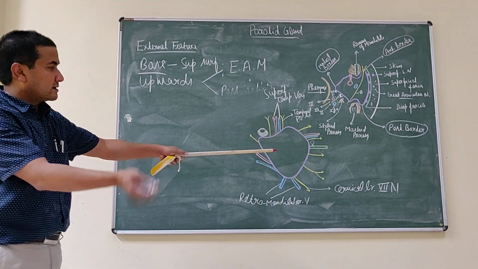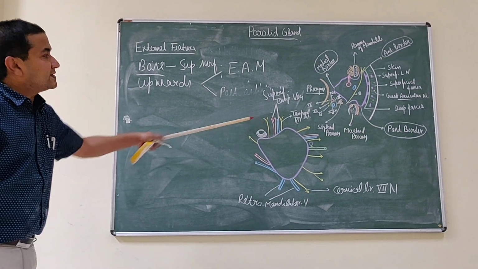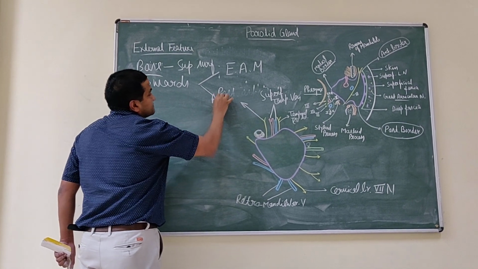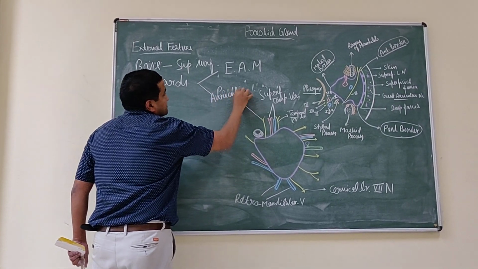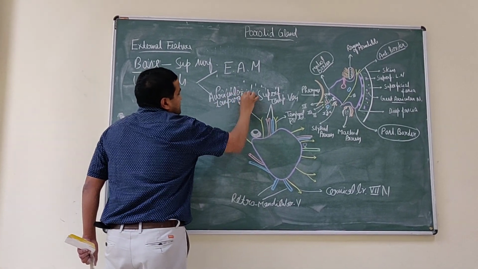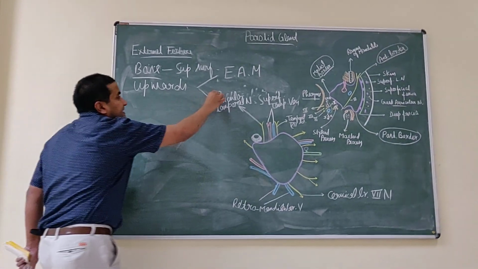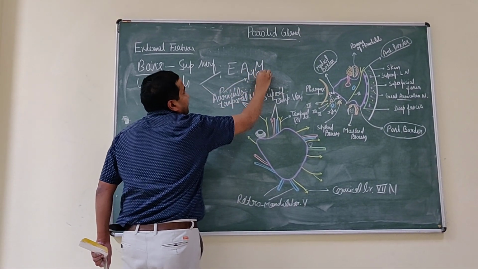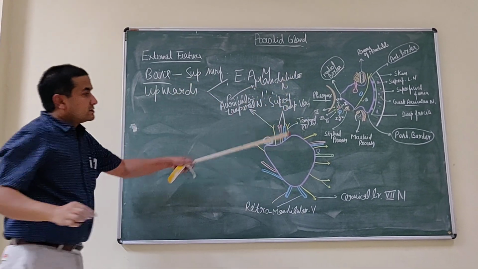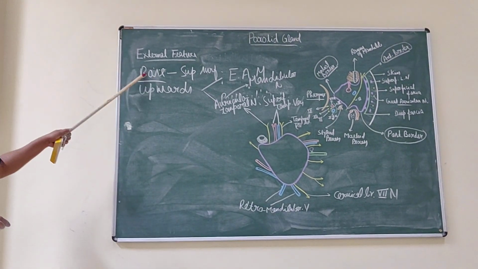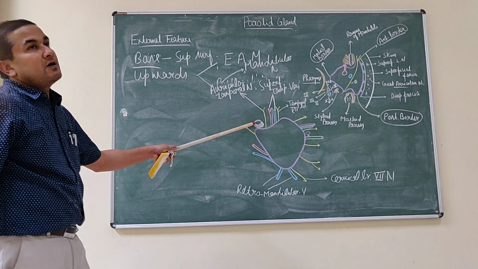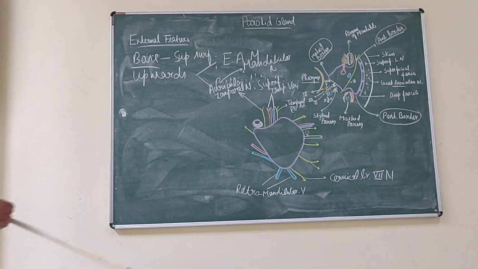We will discuss later on. Now behind these superficial temporal vessels is the auriculotemporal nerve, a branch of the mandibular nerve. So these structures emerge from the base of the parotid gland in front of the external auditory meatus.